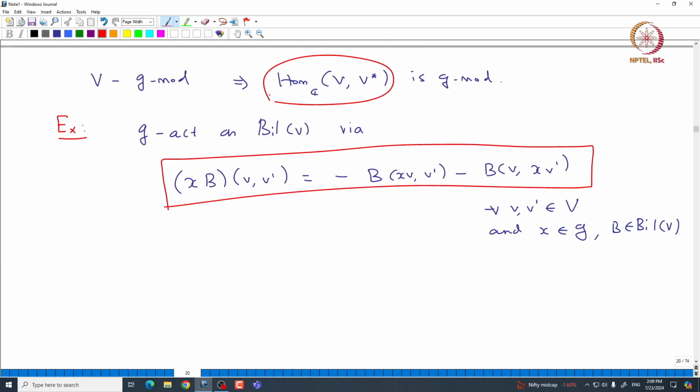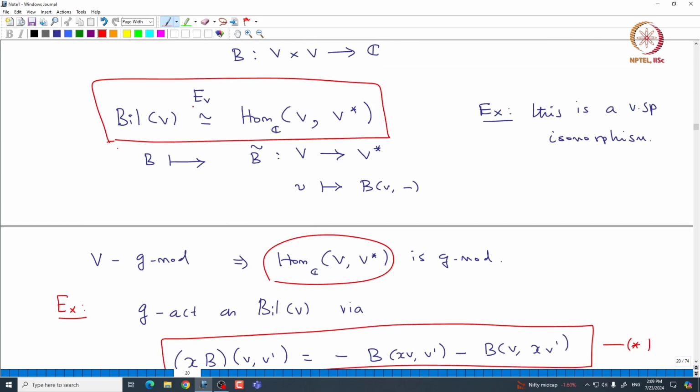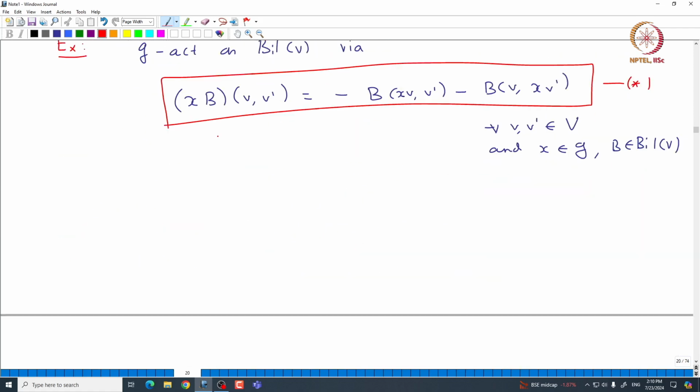I will leave it to you to check, or one can directly check, that once you define this G action using this star, BIL of V becomes a G module, and the natural evaluation map that we have defined is indeed a G module isomorphism. So, now we have the following isomorphisms.